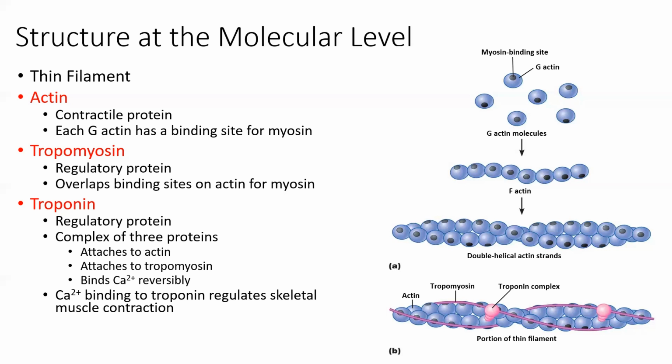So when it is time for the muscle to contract, calcium will be in the sarcoplasm. It will come into contact with the troponin complex, specifically at the protein that can bind calcium.